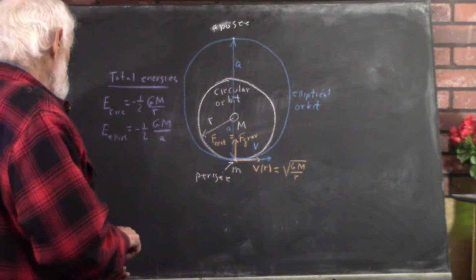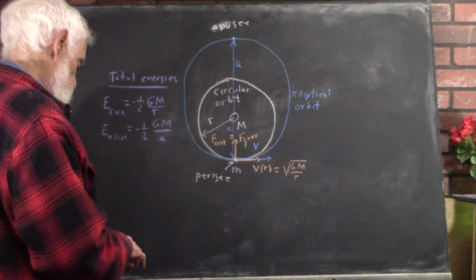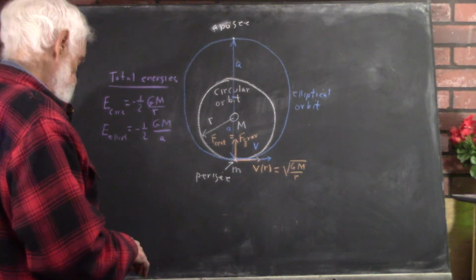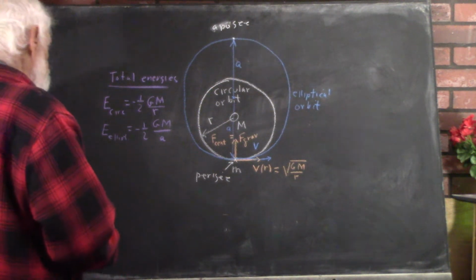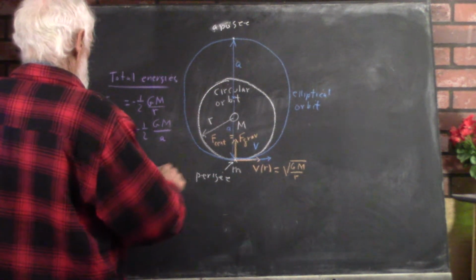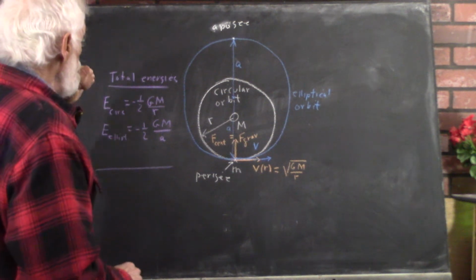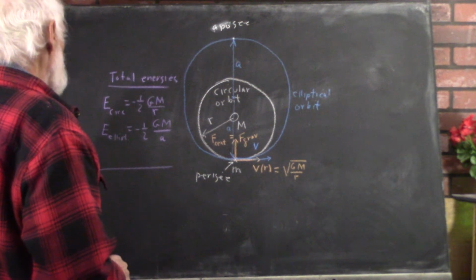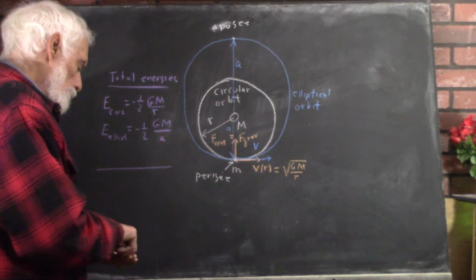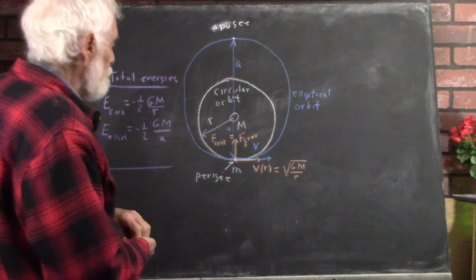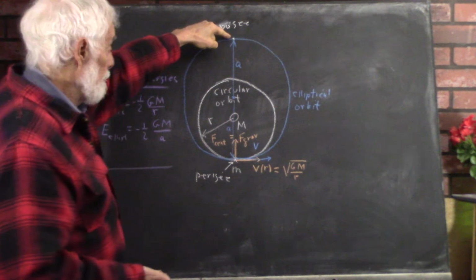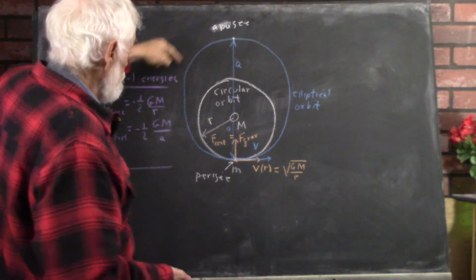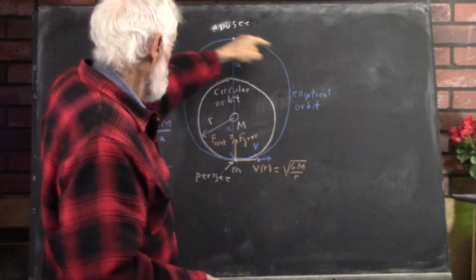And we see that there's a third energy that I want to leave room for here. Actually, the third orbit I want to look at is just the circular orbit at the distance of the apogee. So you're going to have a circular orbit that comes around like this.